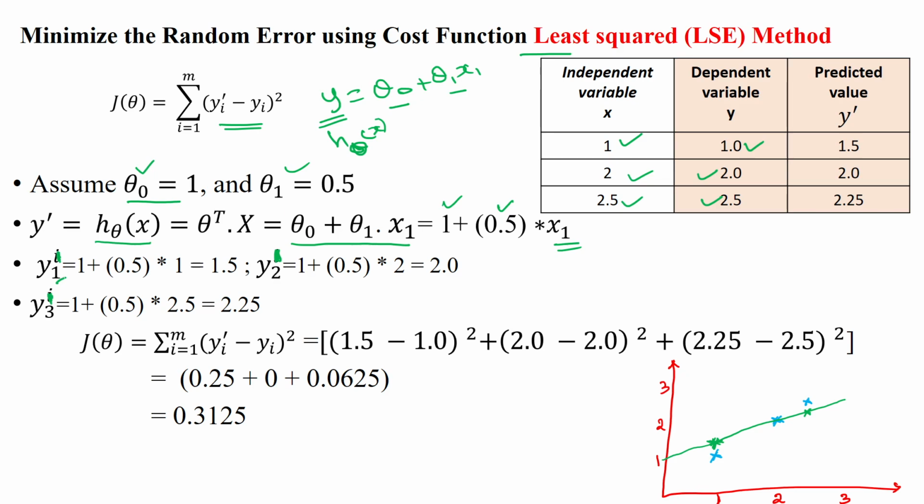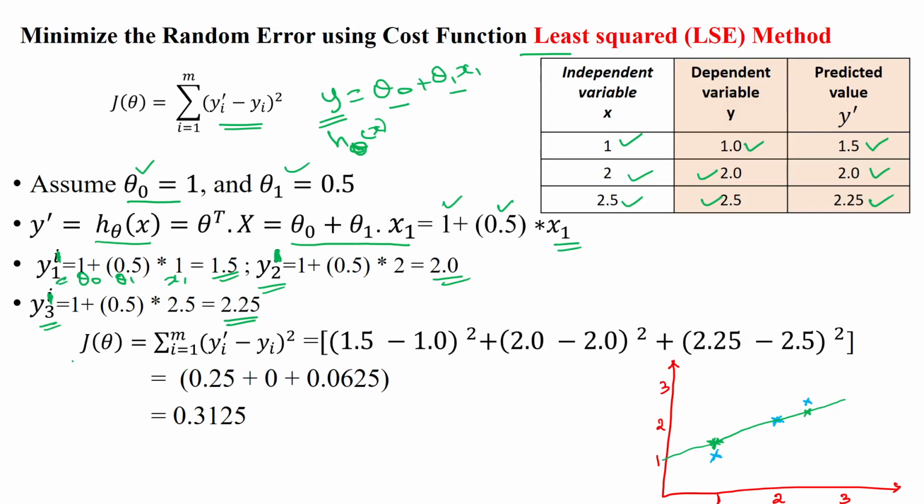So y dash of the first sample, when you substitute the values of theta 0, theta 1 and x1, you get 1.5. For the second sample you get 2.0. For the third sample you get 2.25. So the predicted values are 1.5, 2.0 and 2.25.